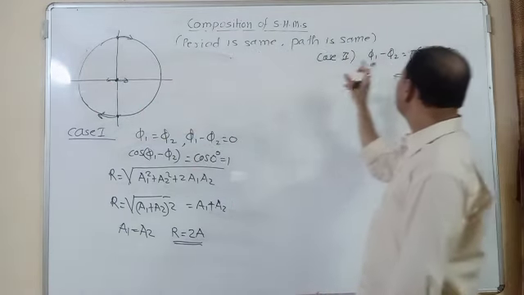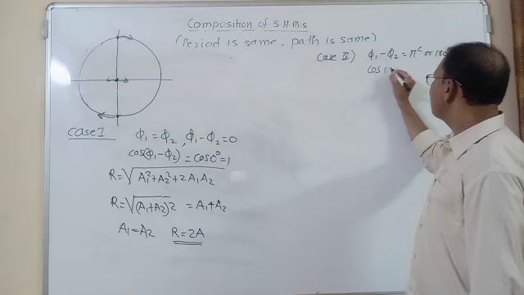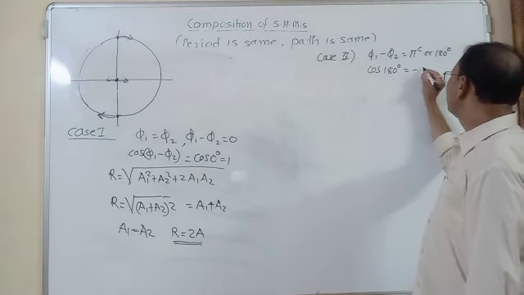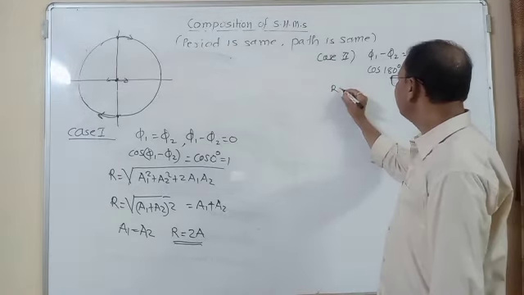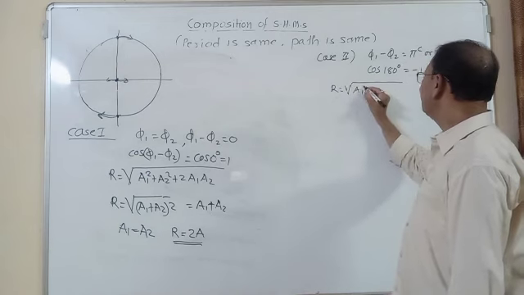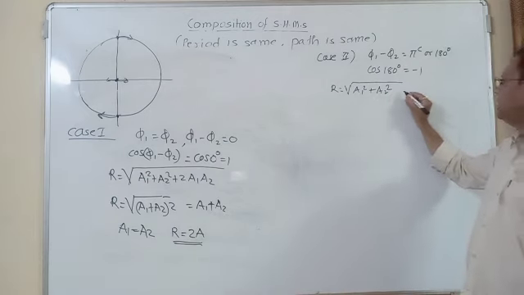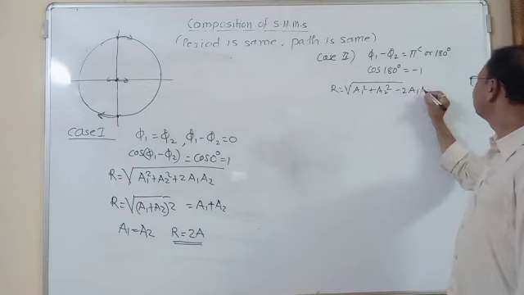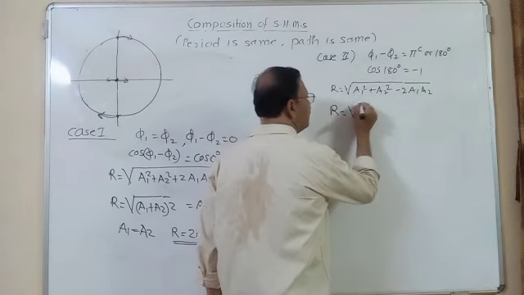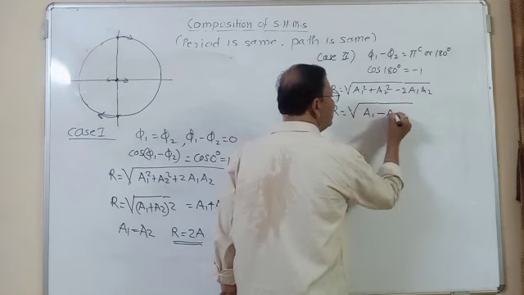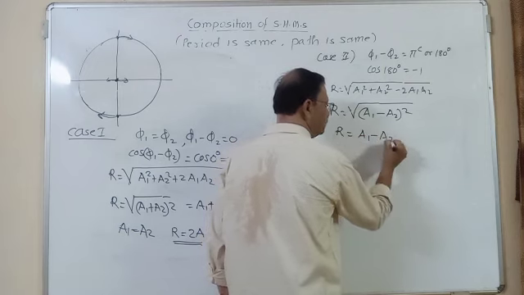In such case, the phase difference is 180 degrees, and therefore cos of 180 degree is equal to -1, and therefore the resultant amplitude becomes R is equal to square root of A1 square plus A2 square plus 2A1 A2 into -1, that is minus 2A1 A2, and R is equal to square root of (A1 minus A2) whole square, that is R is equal to A1 minus A2.